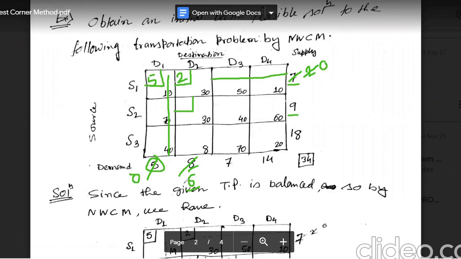Between 9 and 6, which one is the minimum? 6 is the minimum, so allocate 6 units here. Now the total demand is fulfilled and becomes 0, so you cancel out this column. No more allocation is made.